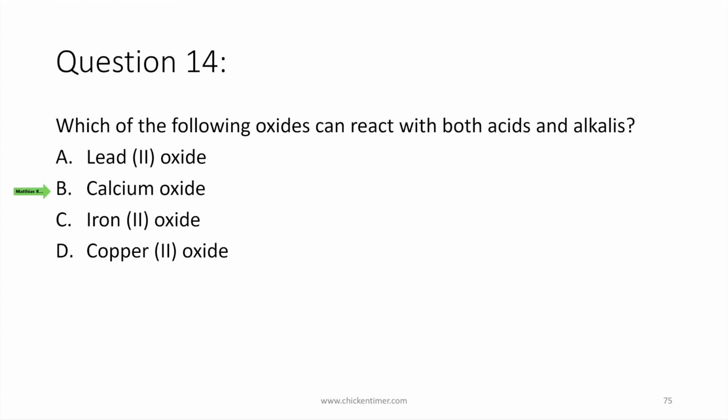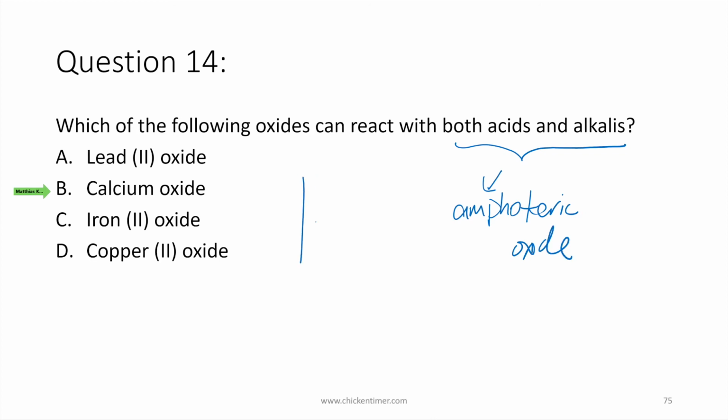Question 14. Which of the following can react with both acids and alkalis? That means they are looking for an amphoteric oxide. So they're asking you which of these 4 options is an amphoteric oxide. So recall which oxides are amphoteric oxides.